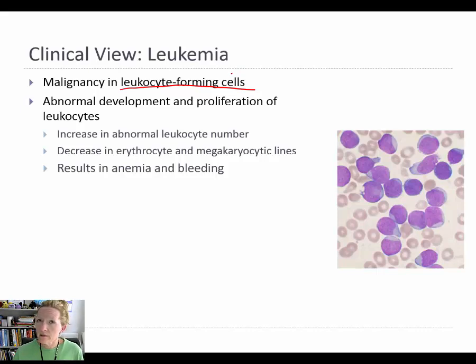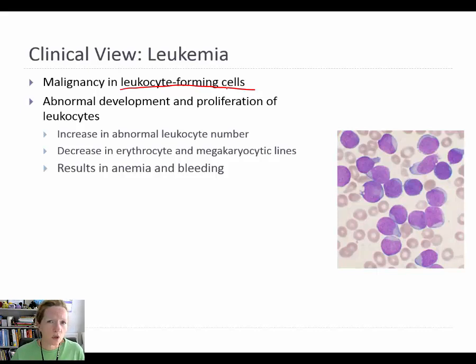So that's one thing that we need to kind of back up and talk about, is there are several different types of leukemia, and unfortunately, we don't have time to talk about all of the different types of leukemia. But the main thing to know about leukemia in general is that it comes from those leukocyte forming cells in the bone marrow. So it's coming from like the myeloid stem cell line or the lymphoid stem cell line.